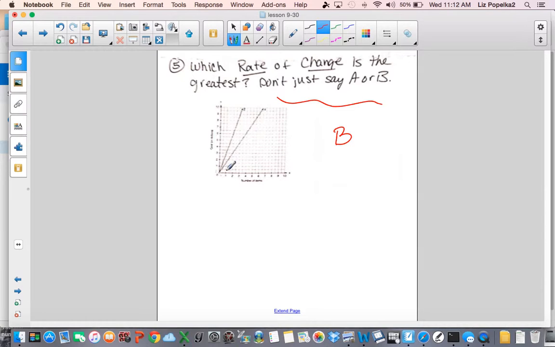You could say that if they both go over 1, this one is just sitting at a 1, while this one is sitting all the way at a 2. That would be fine. But you could just say by looking at it that the line is steeper for line B. So that's how you know that it's a rate of change. It means that it is changing at a faster rate because it's a steeper line. It's a greater increase. So that would be an okay answer.